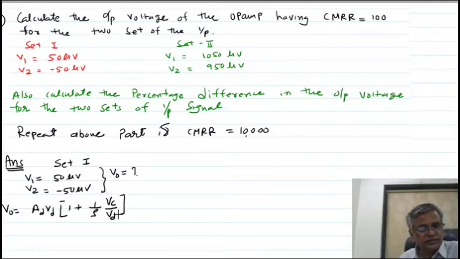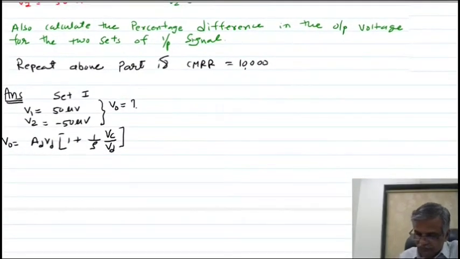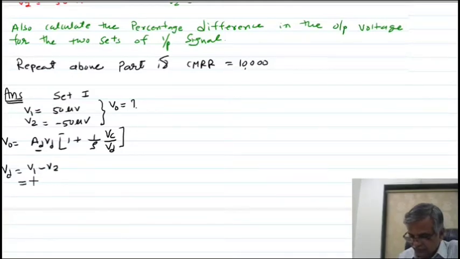You know this equation. So in this, let us put the value. Remember, they have not given AD. So what is Vd? V1 minus V2. It is 100 microvolt.